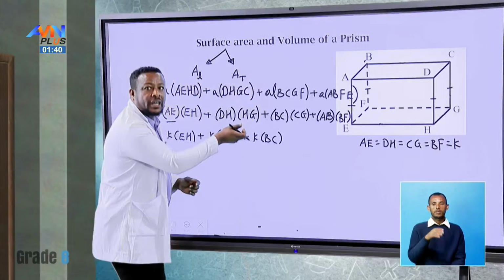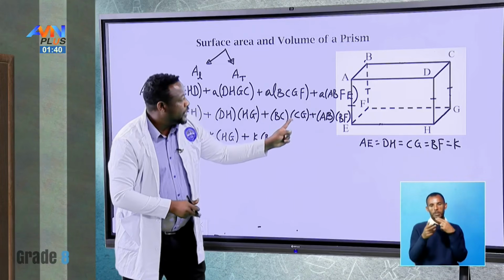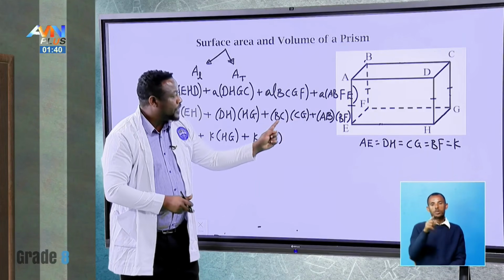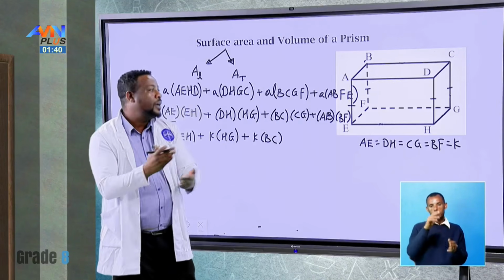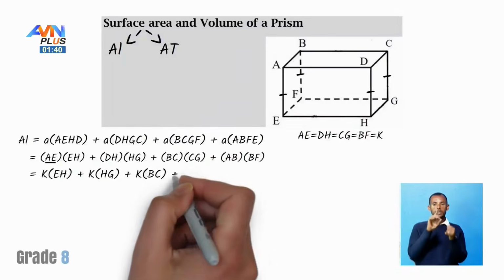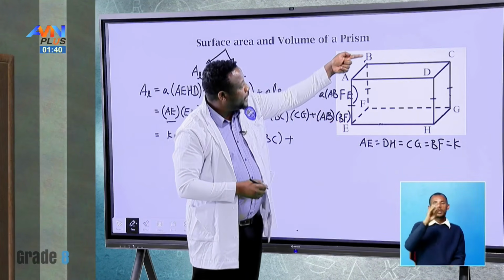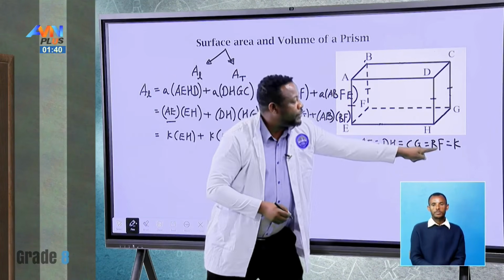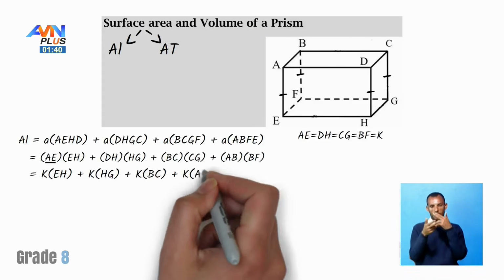The order doesn't matter, multiplication is commutative. The last one is AB times BF, but BF is constant K, so this is K times AB.